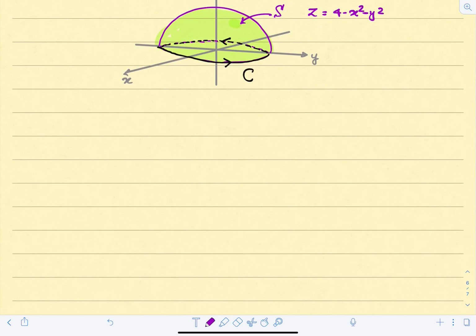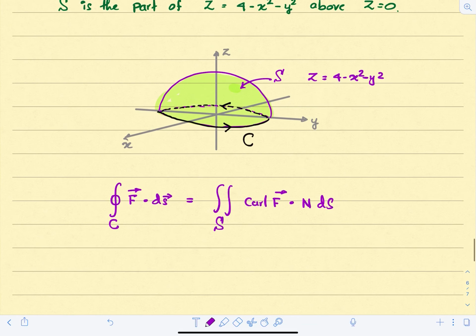So if you recall the Stokes theorem says the integral of F dot dr over a closed curve C equals the flux integral of curl F dot n dS over the surface S. So now instead of calculating this right hand side, we calculate the left hand side. Now we all know from chapter 13.2 how to calculate the line integral of a three-dimensional vector field.